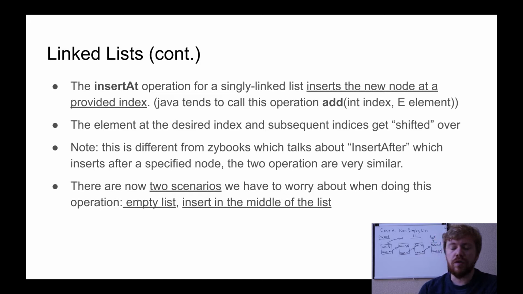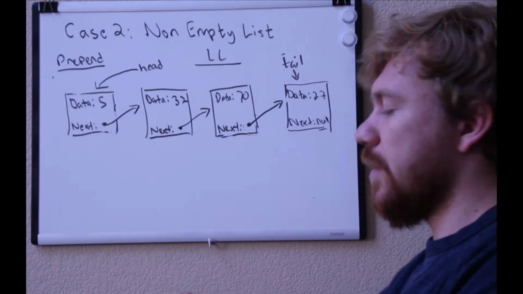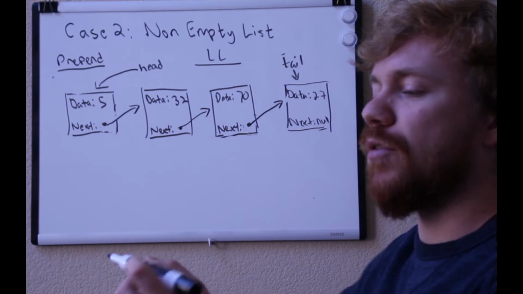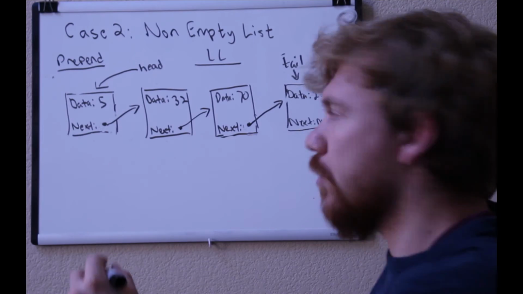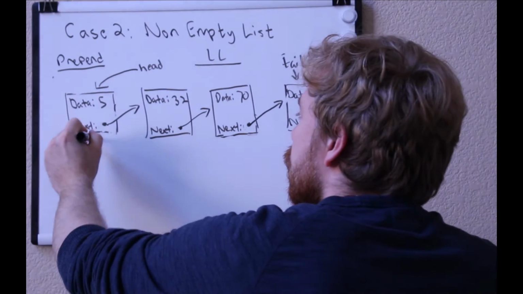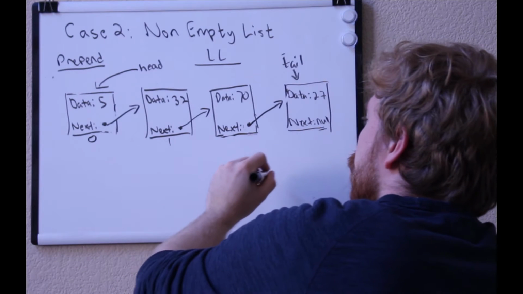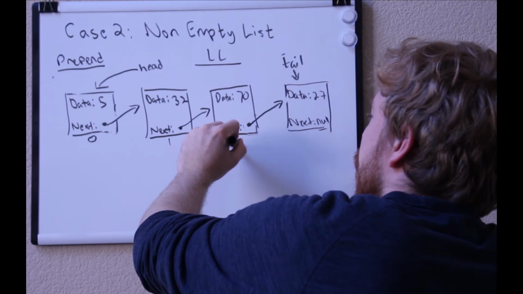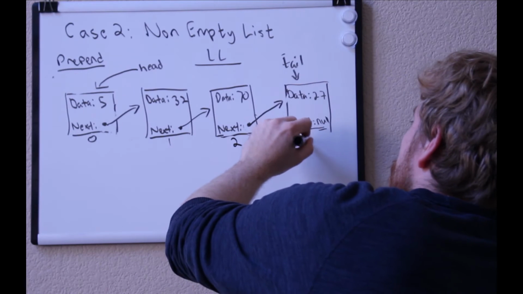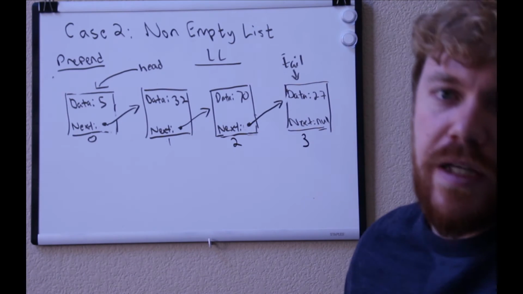And so you can view the nodes in a linked list similarly to the cells within an array, where the very first node in the linked list might have location or index 0, and then the subsequent node might have location 1 or index 1, the next node index 2, and then the next node index 3.